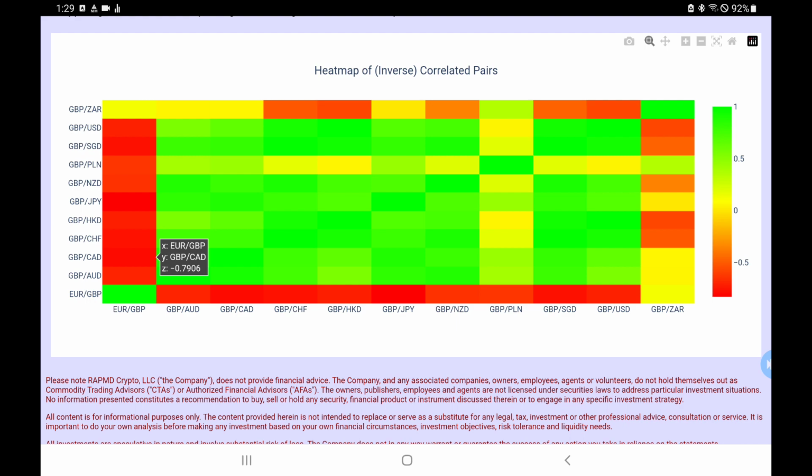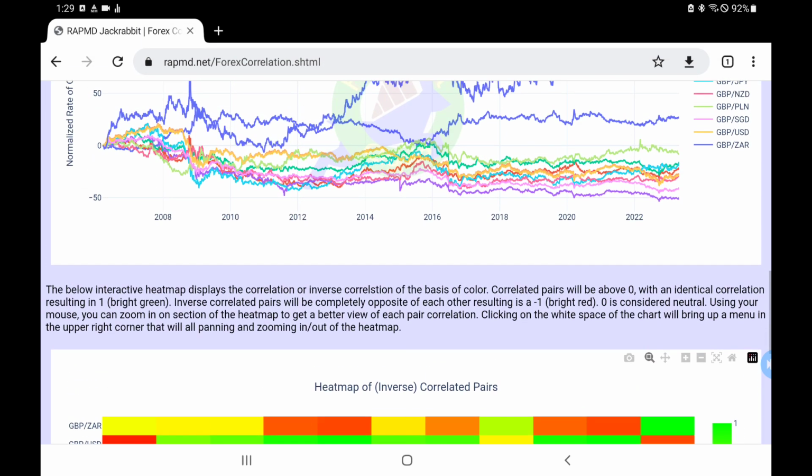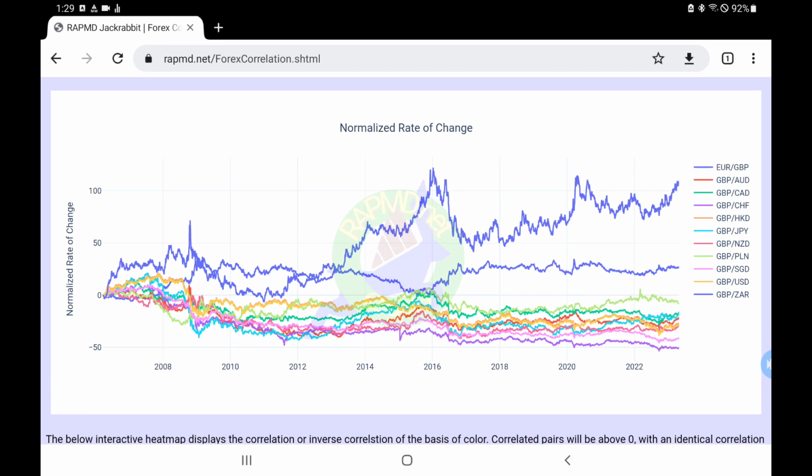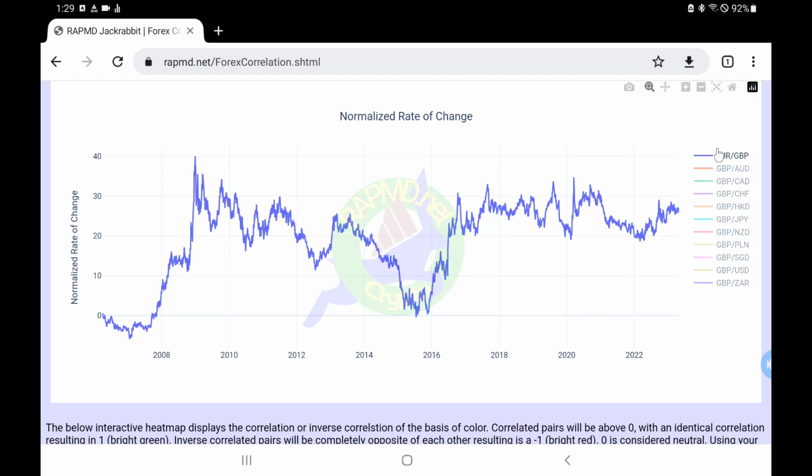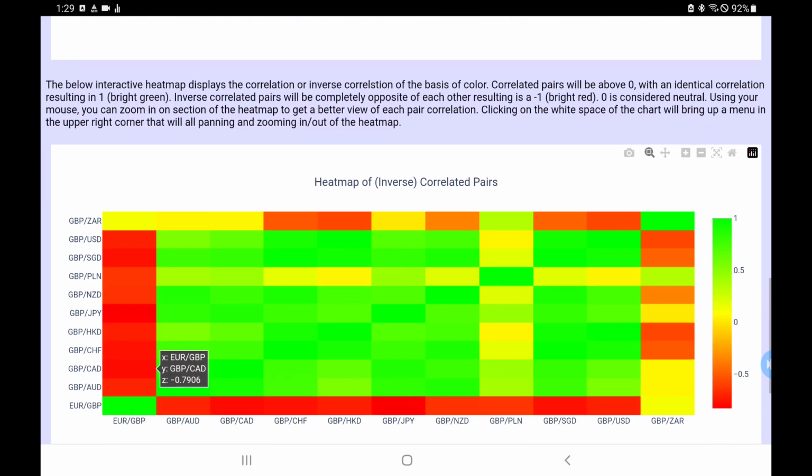So let's see that in the chart above. What we are going to do is go to Euro GBP and double click. That now isolates that one asset. Now what was the second one?